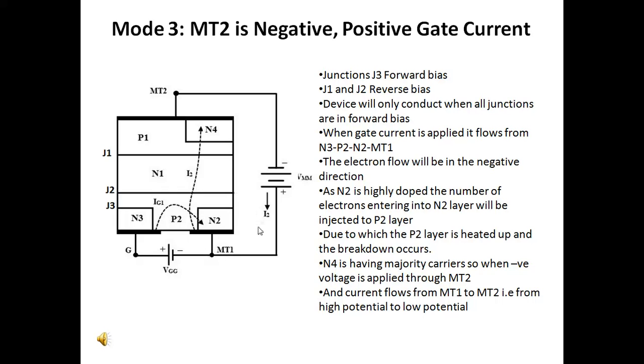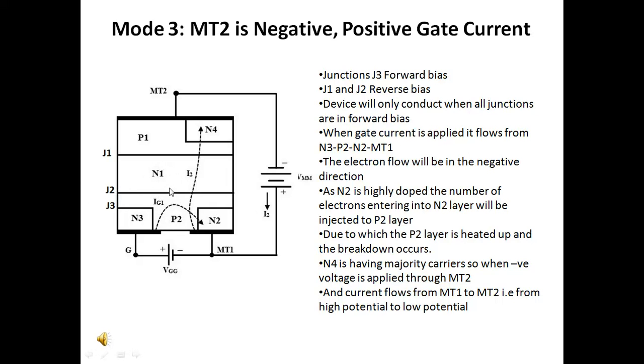Once the gate current flows in this direction, the electron flow will be in the negative direction, that is from MT1 to N2, then from N2 to P2. As N2 is highly doped, the number of electrons entering into the N2 layer will be injected to P2, due to which the P2 layer is heated up and the breakdown occurs.